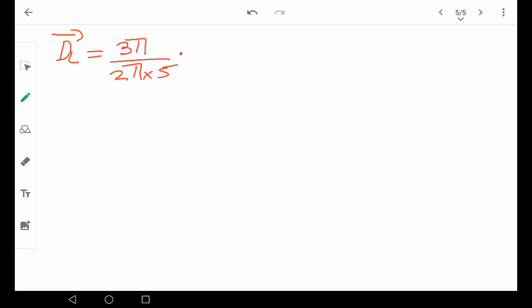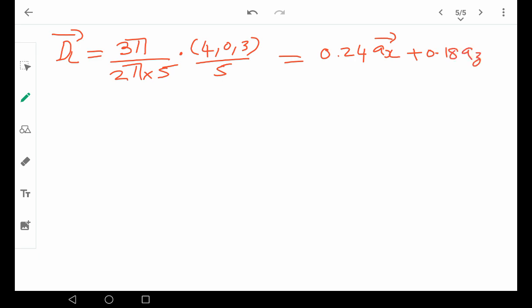What is aρ? (4, 0, 3) divided by 5. So you can get it as 0.24 ax plus 0.18 az millicoulombs per meter squared.